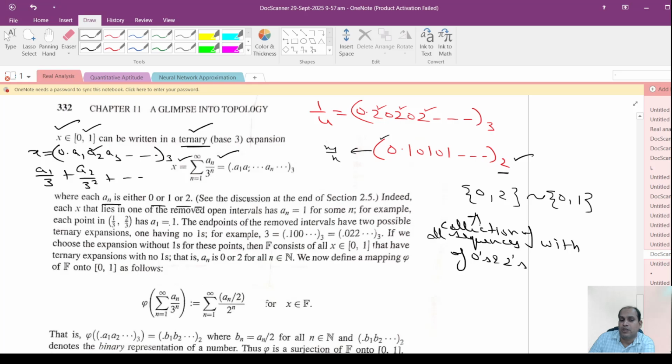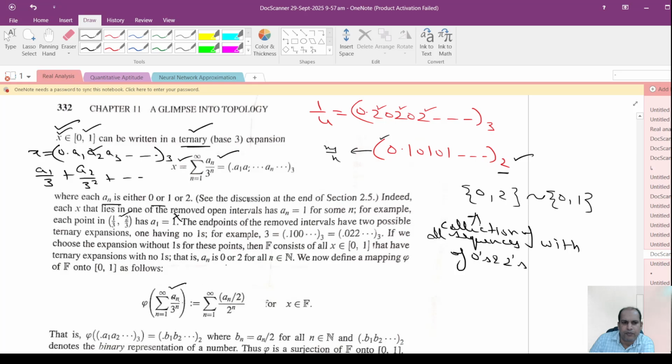And since in the construction of the Cantor set we are removing the open interval 1 by 3 to 2 by 3 at the first step, this means digit 1 will not be involved, and all those sequences we have to remove. This is the reason why we can identify any member of the closed interval 0 1 if we divide, of the Cantor set, we can project it.